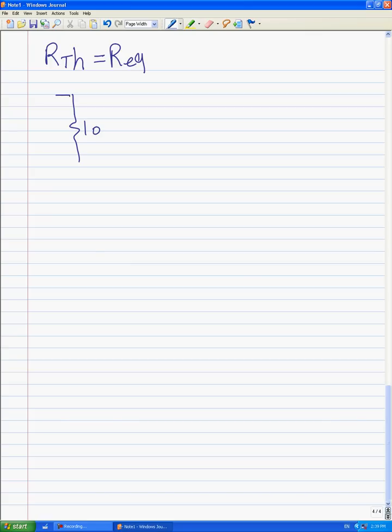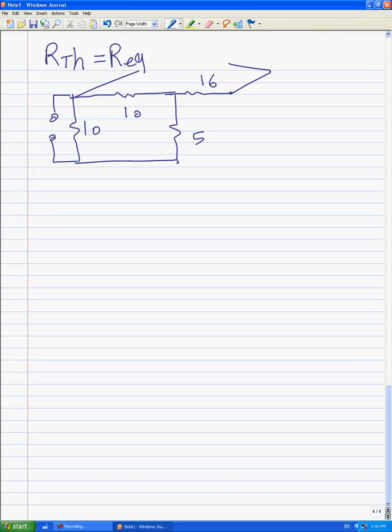We have 10 here, an open circuit instead of 0.8 amps, and we have 10 ohms here, 16 ohms here, and 5 ohms here, an open circuit instead of 1 amp, and we want to find the equivalent resistance here.